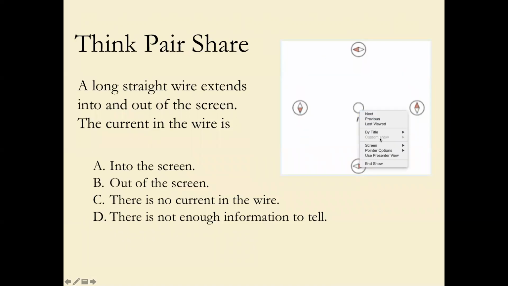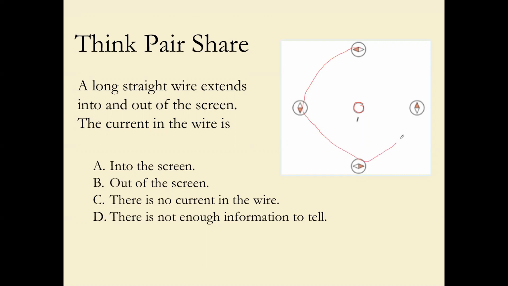And it extends into or out of the page. The current in the wire is what we need to find out, whether it is into the page or out of the page. How will we understand this? By the direction of the compass needle. If you look here, let's make a circle around this.